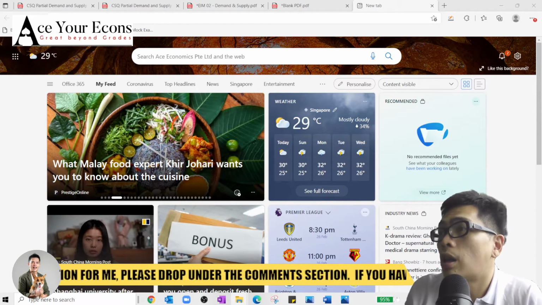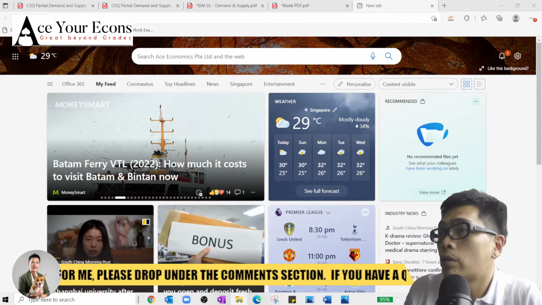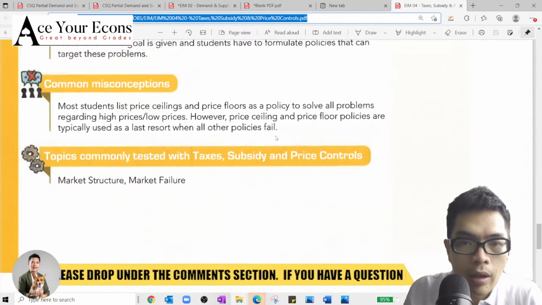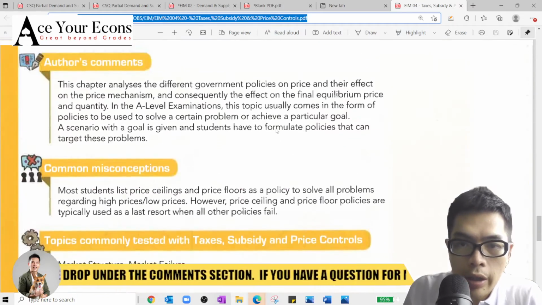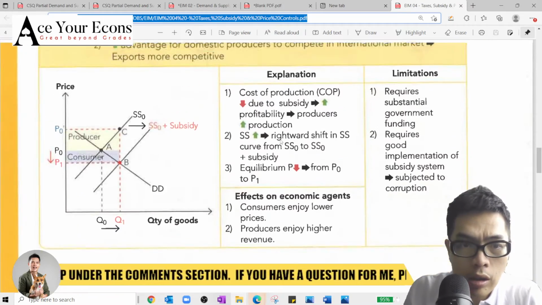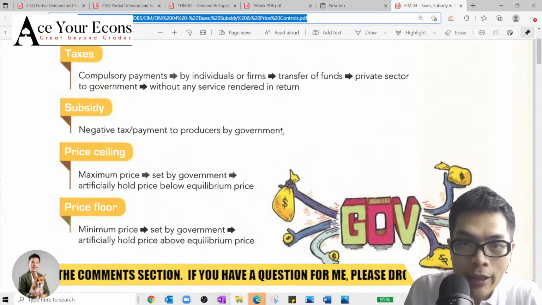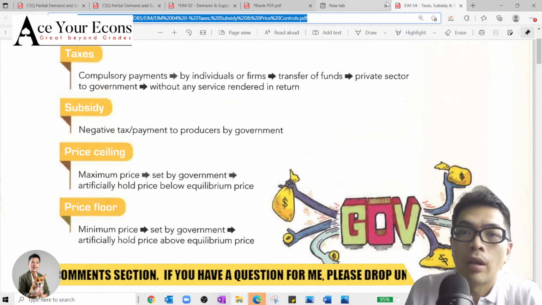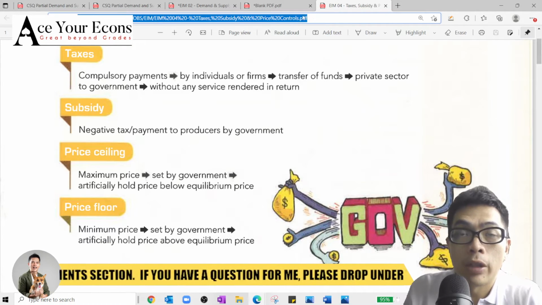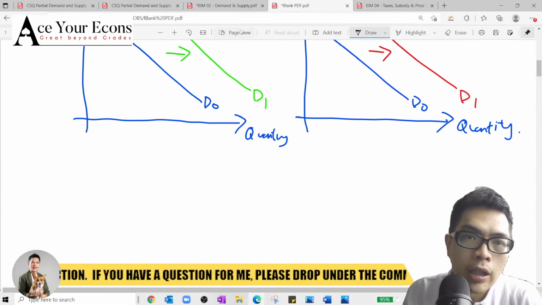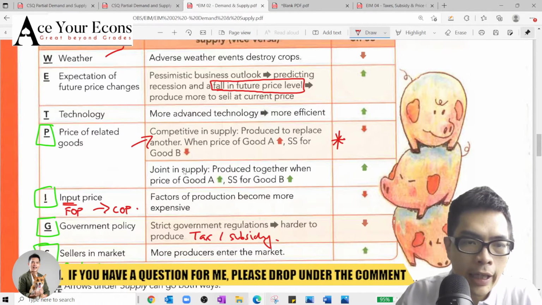For the viewers out there, tax and subsidy is on page 19 onwards. This is also going to be challenging. It's an extension topic of your supply. I forgot to illustrate this. This is an extension topic.